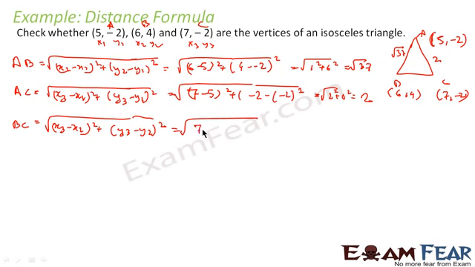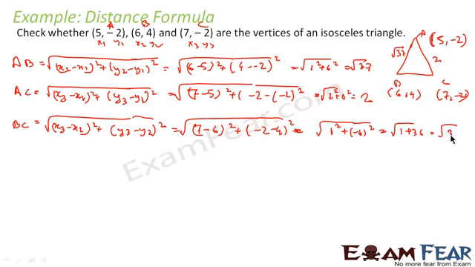It is 7, minus x2 is 6, square, plus y3 is minus 2 and y2 is 4, minus 4 square. So this becomes 7 minus 6 is 1 square plus minus 6 square, correct? So this becomes root of 1 plus 36, that is root of 37.